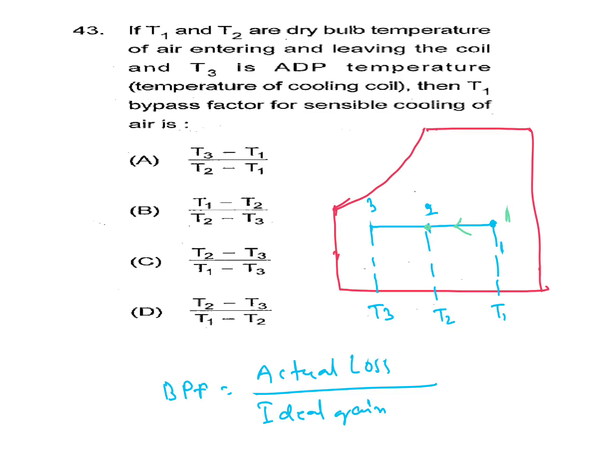So loss is 2 to 3, T2 minus T3, divided by ideal gain, the maximum possible, which is T1 minus T3. So T2 minus T3 over T1 minus T3, C is our answer. Bypass factor.